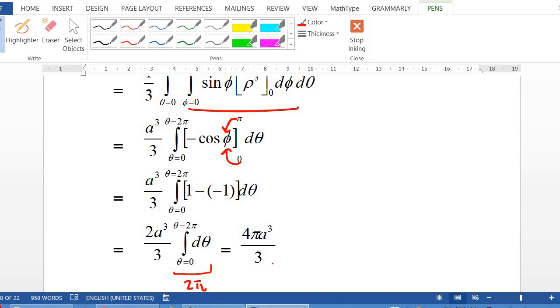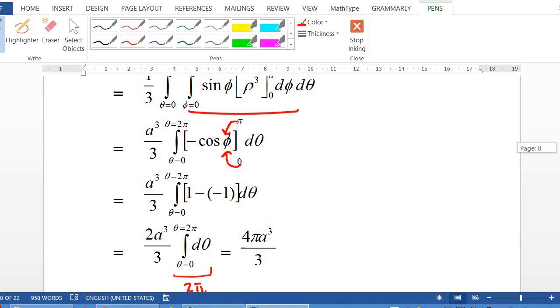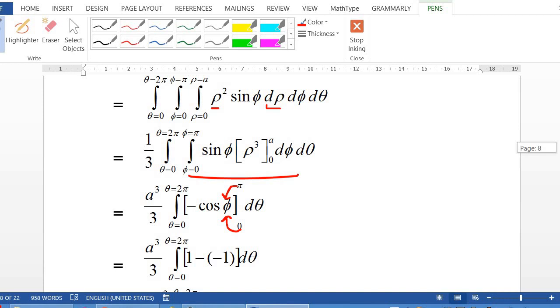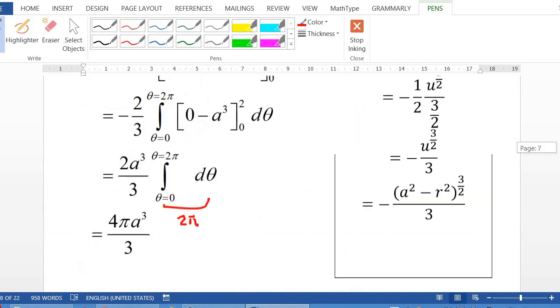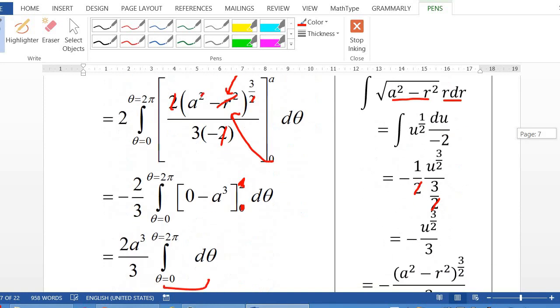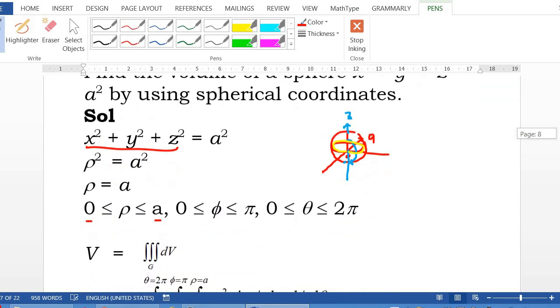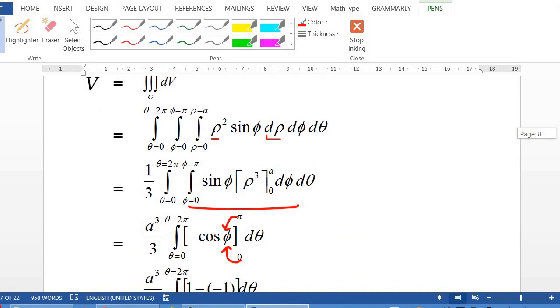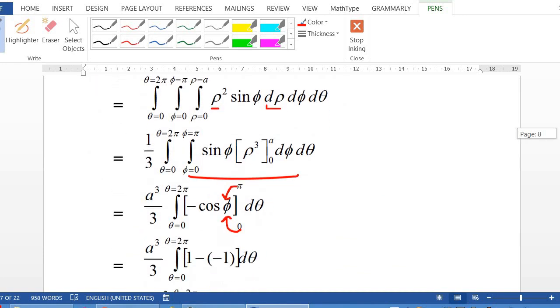Compared to cylindrical coordinates, we have a simpler integrand to integrate. Because using cylindrical, we met the square root of a squared minus a squared, which you need to solve using a substitution technique. But using spherical coordinates, you easily integrate without a difficult integral.